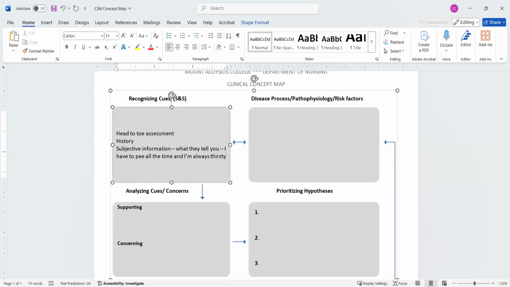So all of that stuff, normal, abnormal, all that stuff goes into recognizing cues.